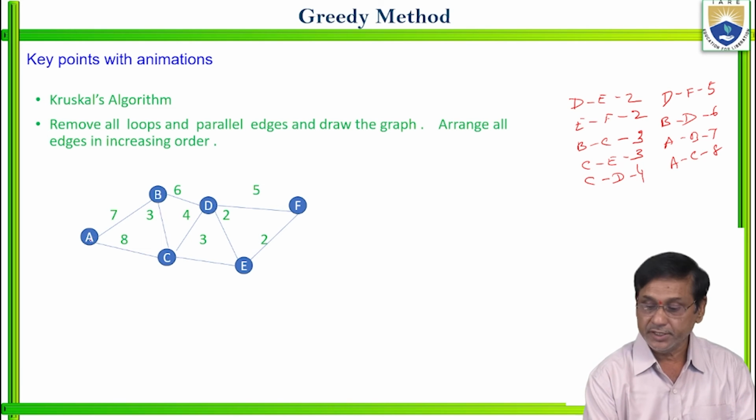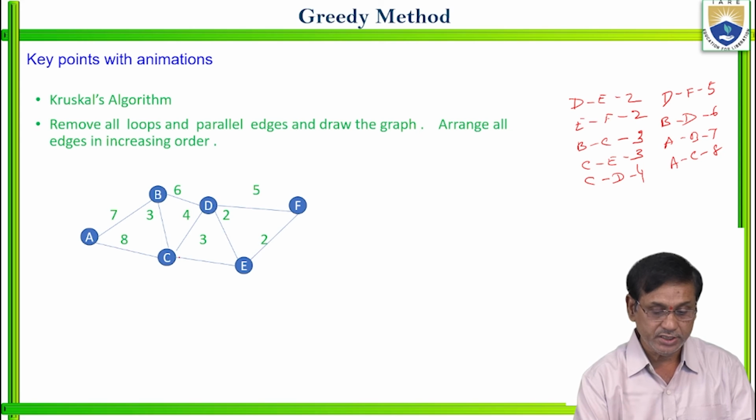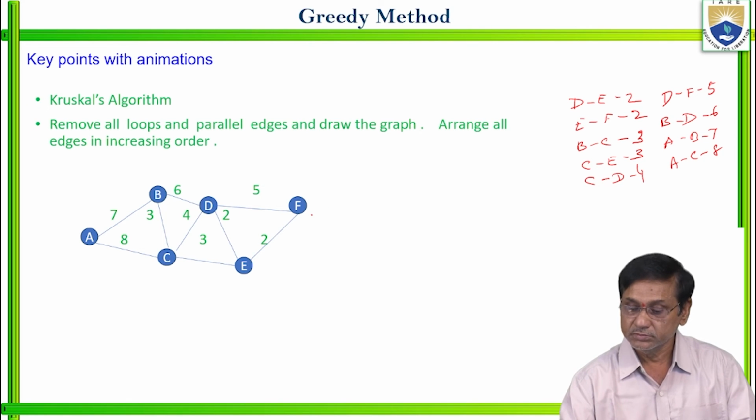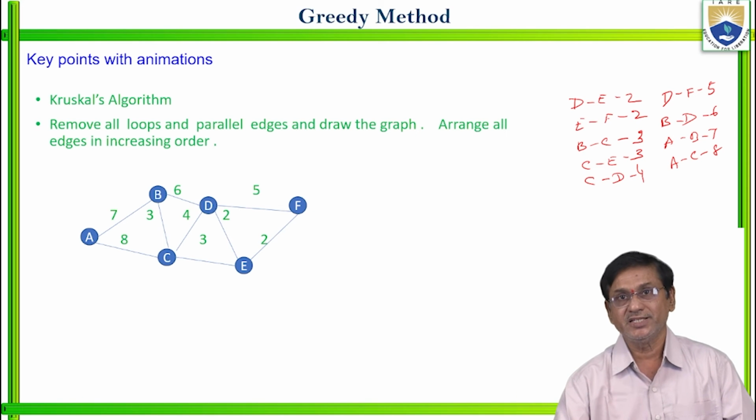Now, AB is 7, AC is 8, BC is 3, CD is 4, DE is 2, EF is 2, DF is 5. So, first of all, we have to list out the edges in the increasing order.